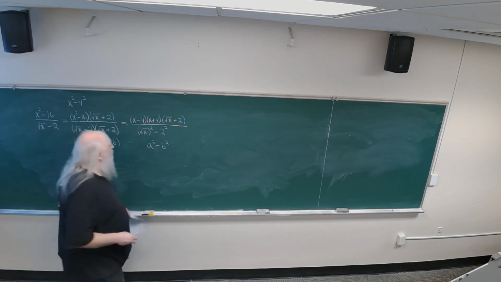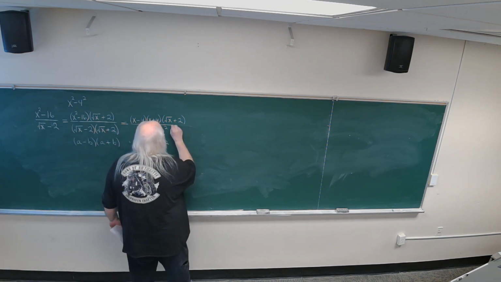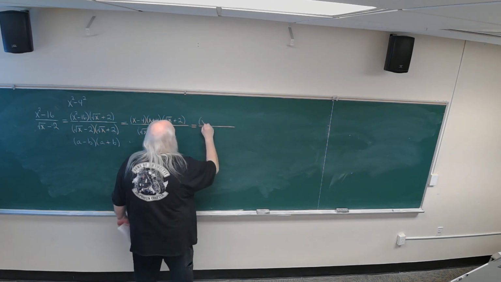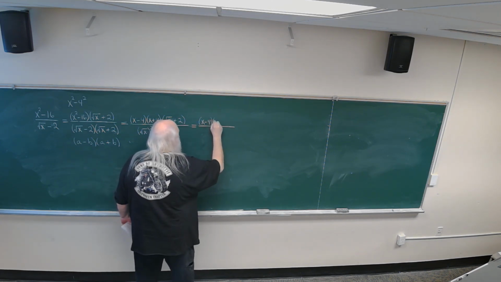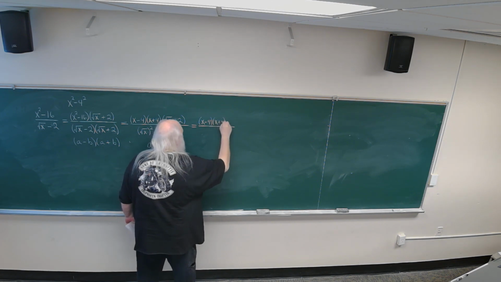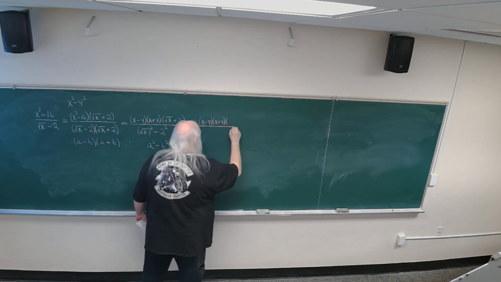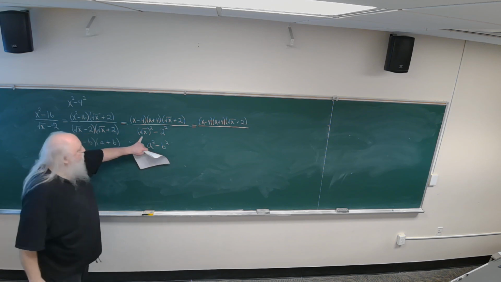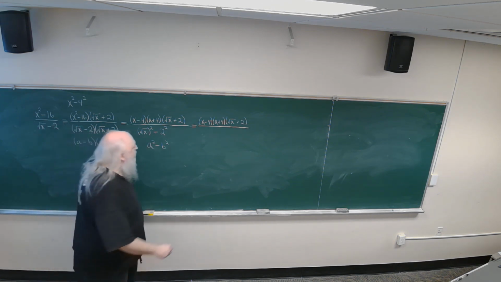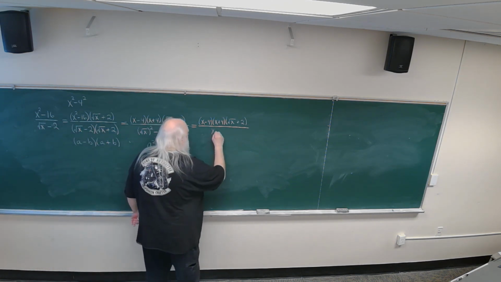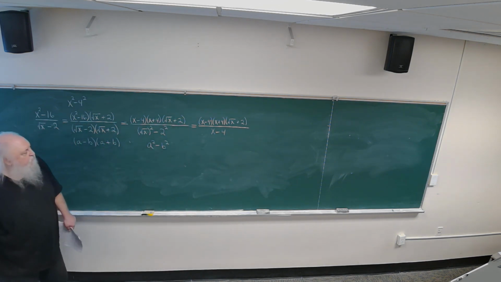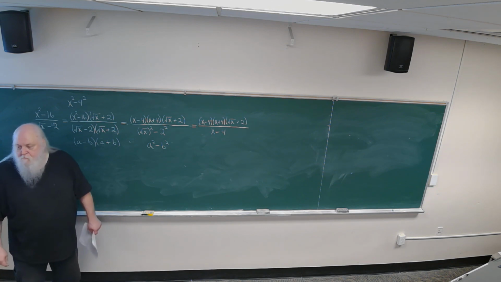The square root of x squared is just x, and 2 squared is 4. So the denominator just simplifies to x minus 4.